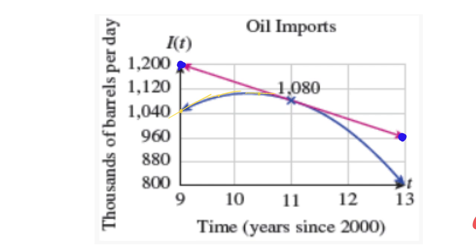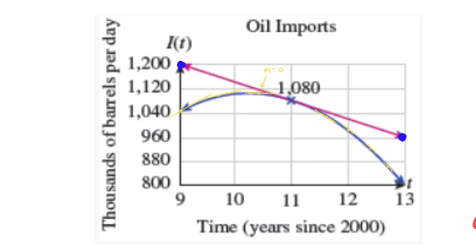It starts with a positive slope and then is decreasing until it gets to the peak of oil import when the slope is 0, and then the slope is getting negative because the curve is going down.